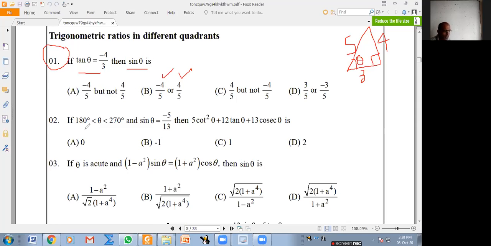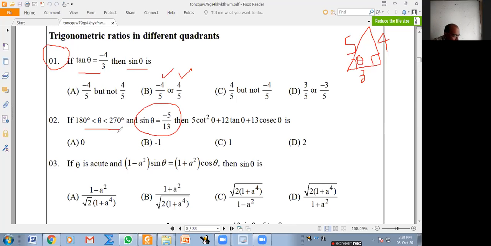Whereas if you look at the second question, theta is already mentioned, it is in the third quadrant. Normally, sin theta is negative in which quadrants? Third and fourth quadrant. Okay, in that they have mentioned theta is between 180 to 270. Actually, they should have mentioned 180 to 360. 180 to 270 is meaningless because they already gave the third quadrant hint.